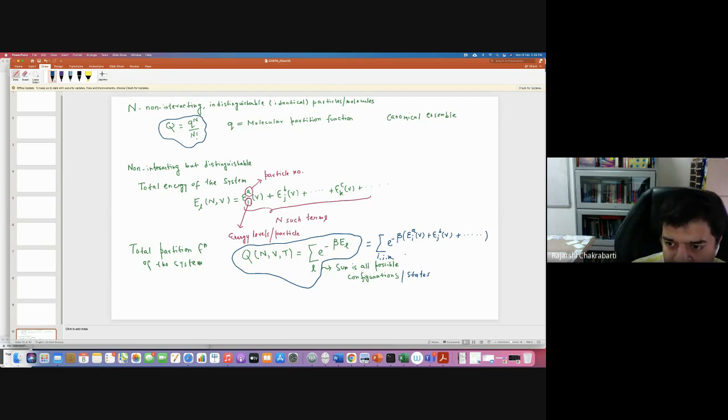And since the function is exponential, and the particles are distinguishable, like A, B, C, D, of different colors, I can split this sum into a product of sums, one over I, another over J. I can do this because the particles are distinguishable.